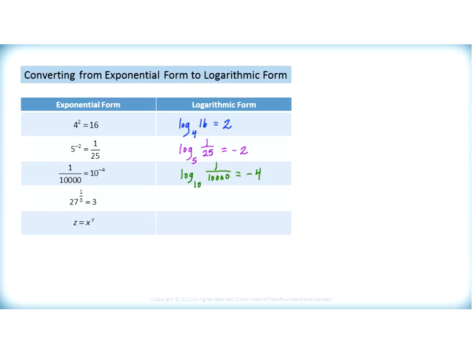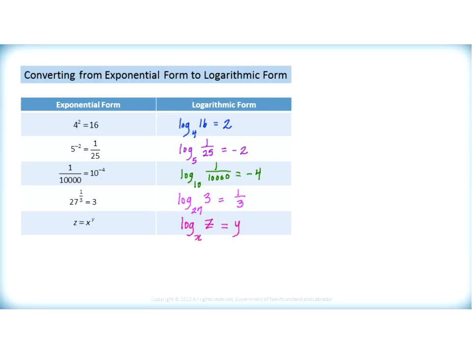In the fourth example, we would write it as the log of 3 to base 27 is equal to the exponent 1/3. And then in the last example, we just have variables. If z is equal to x raised to the power of y, then we say that the log of z to a base of x is equal to y.